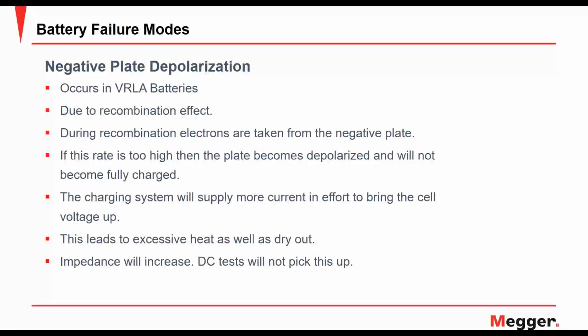The good thing about this negative plate depolarization is that it will increase the internal impedance of the battery, so we can detect it by doing an AC test on these batteries, as a DC test will not be able to detect this depolarization in these types of batteries.